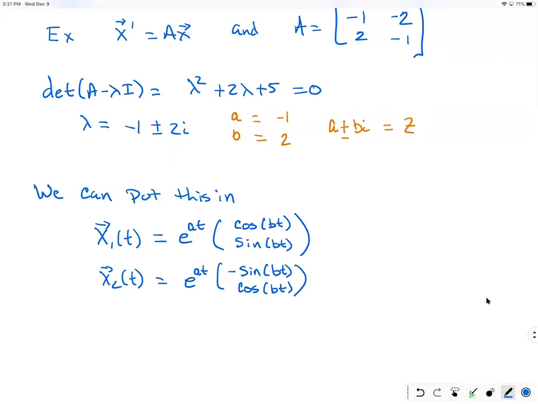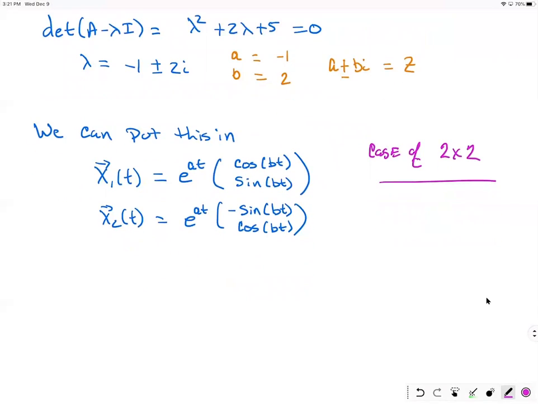So this is the case of 2 by 2, and we find complex eigenvalues. We make an x1, which is e to the at times the cosine of bt, sine of bt, and x2 is e to the at minus sine of bt, cosine of bt.